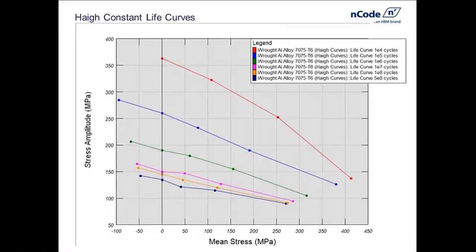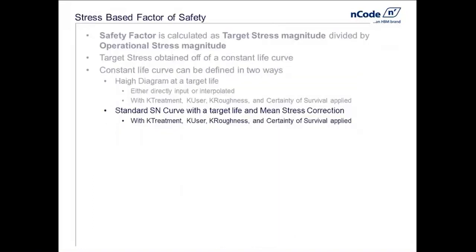Again, we could use a single curve in the factor of safety calculation directly, or we could bring in a family of curves and interpolate between them. The other approach to generating this constant life curve is to start with a standard SN fatigue definition, and with that and a target life, we can generate a target stress at a zero mean stress, and then use an empirical mean stress correction, such as Goodman or Gerber, to construct the constant life diagram.